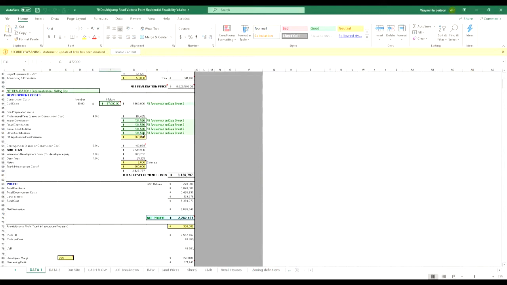And when we do those prices there, the DA cost estimate is there as well. How much is it going to cost us to apply for the DA to do the development is 260,000. That's that 2-year period where we've just got to do all those DA applications to actually put the blocks in.